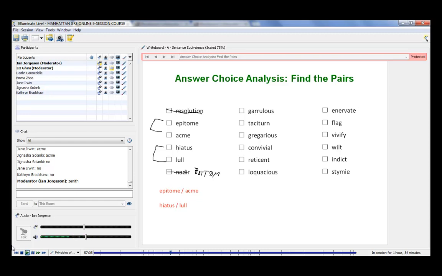Okay, Jane, were you able to find a pair for the second group? Hop on the mic if you want to. Okay, and what do those words mean? All right, Jignatia, did you find a pair in the second group, another pair other than the one that Jane noticed?